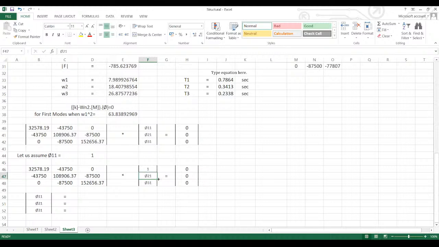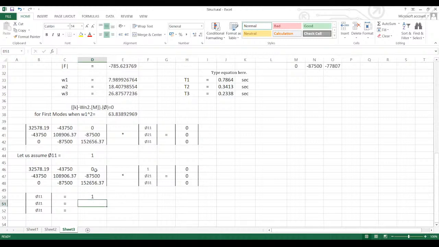That means this is equal to 0. Okay, all right. This value is equal to this value, 511. That means 511 is equal to 1.